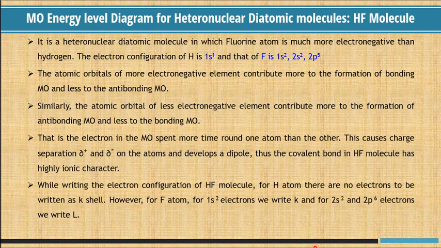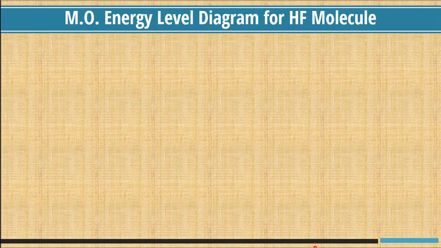So if we consider the fluorine atom, the 1s2 electrons are present in the K shell, that is the first shell, and the 2s and 2p electrons are present in the L shell. Therefore we can write KL for the HF molecule.